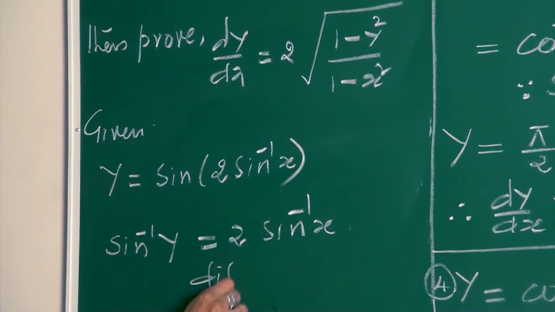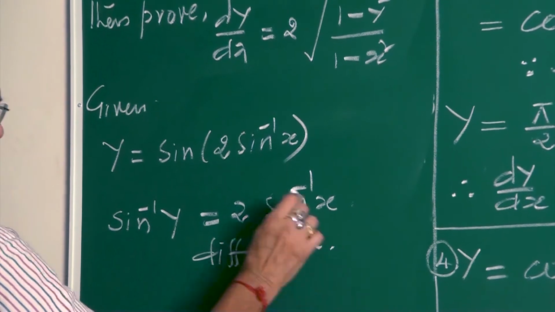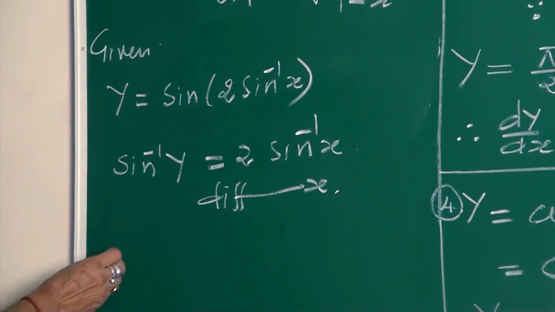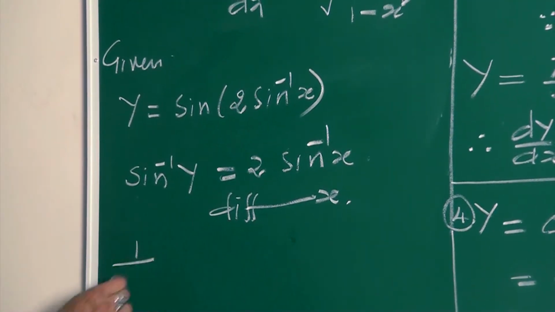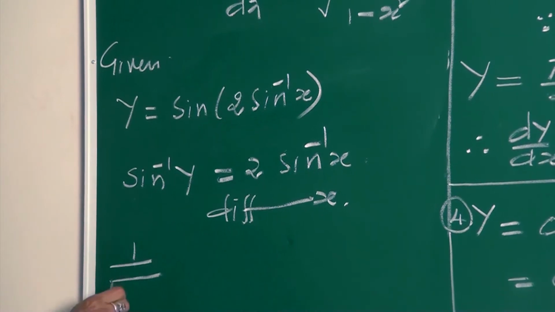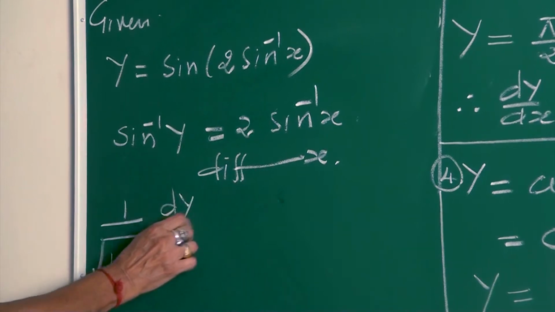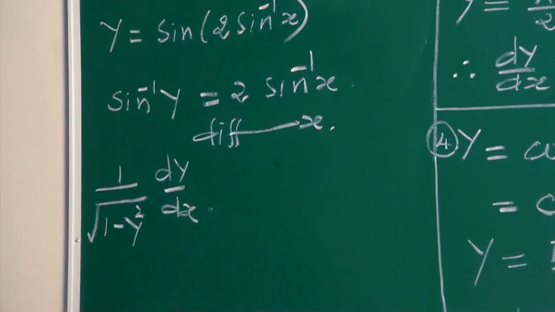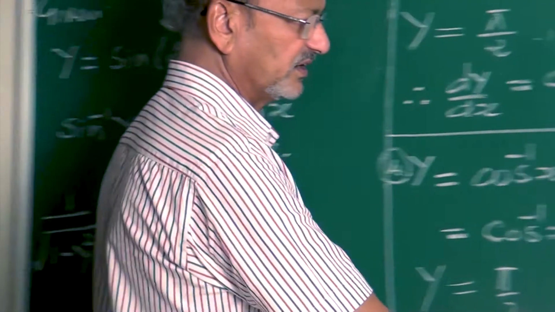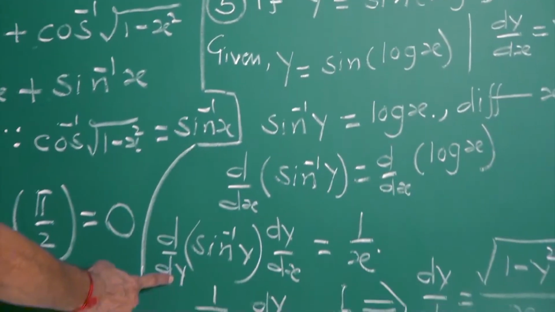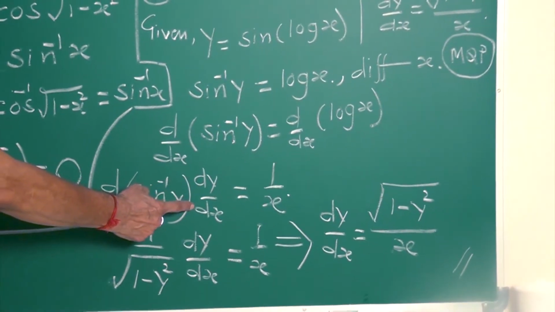Differentiate with respect to x. The derivative of sine inverse y is 1 by root 1 minus y square into dy by dx. My friends, I have explained this in detail here. First with respect to y, then y with respect to x.